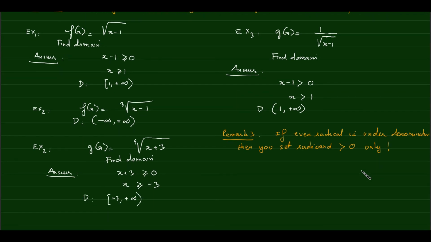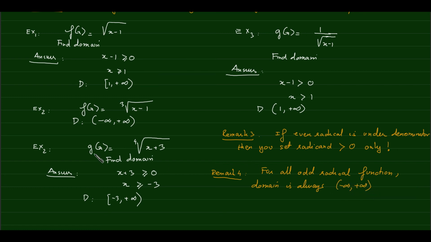Okay, and the final remark, remark number 4, is that for all odd radical functions, the domain always goes from negative infinity to positive infinity.